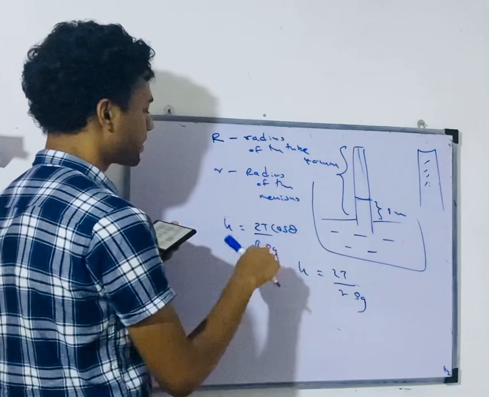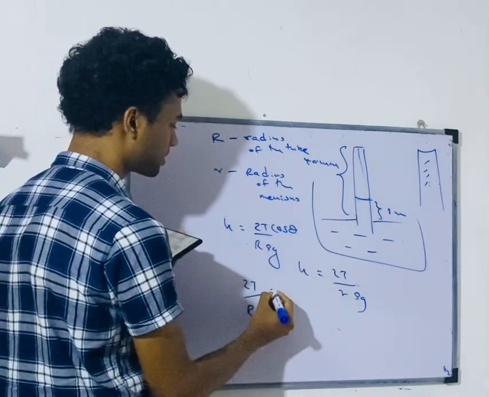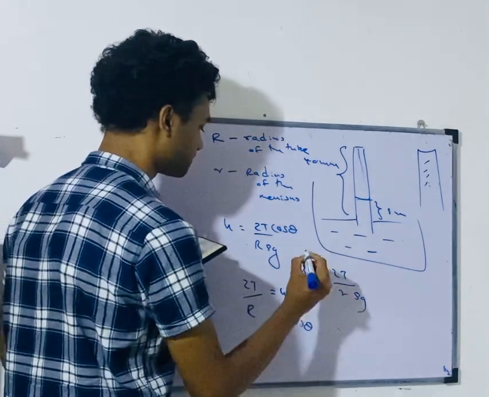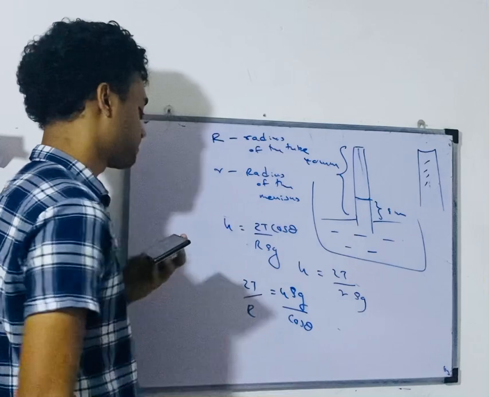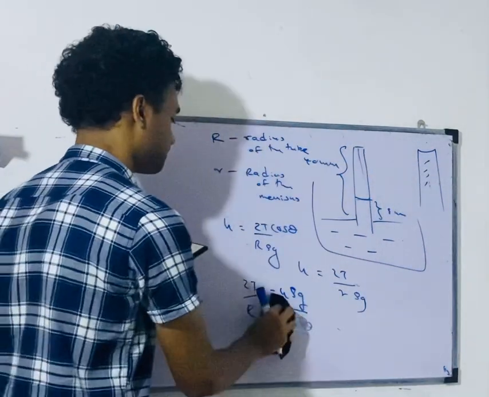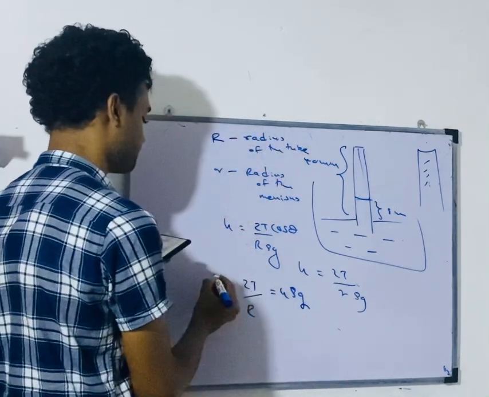We can say 2T over capital R is equal to h rho g divided by cos theta. Cos theta doesn't change, till the final maximum height.